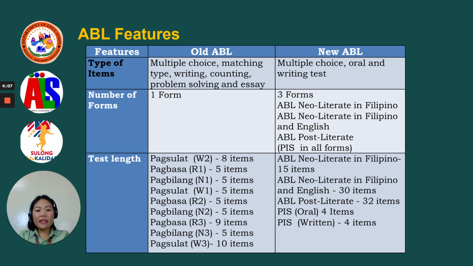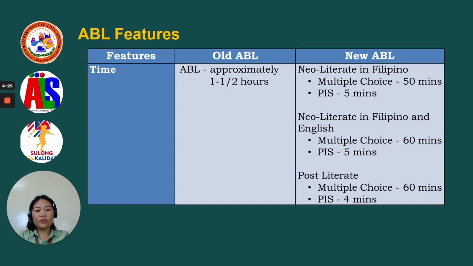But for the new ABL, in ABL neo-literate in Filipino, 15 items; ABL neo-literate in Filipino and English, 30 items; and ABL post-literate, 32 items, plus the PIS in oral, 4 items, and the PIS in written, also 4 items.